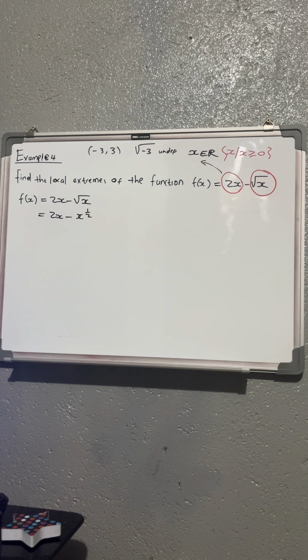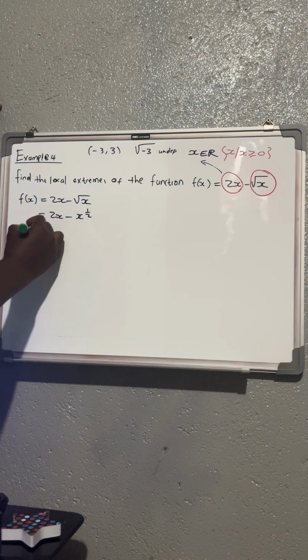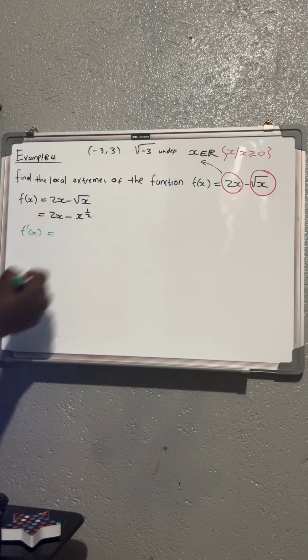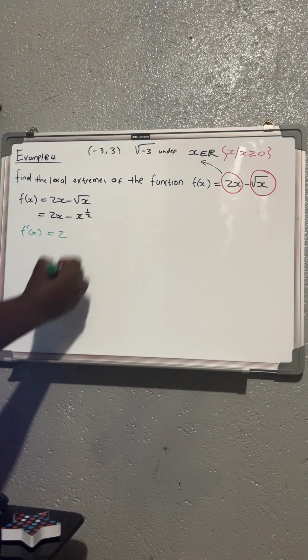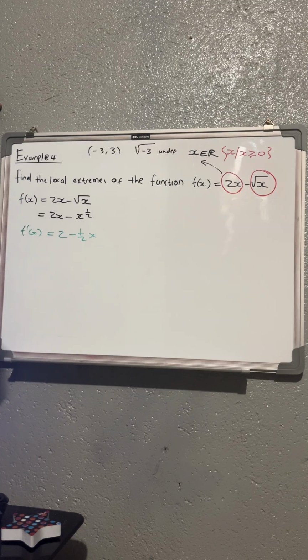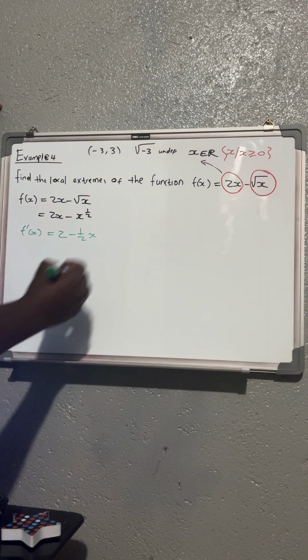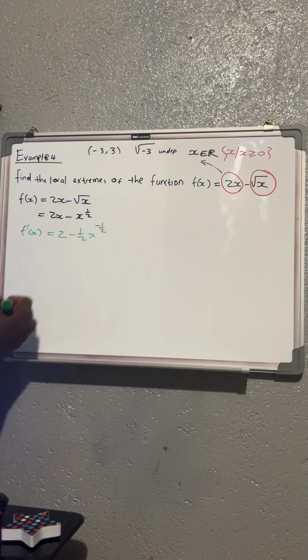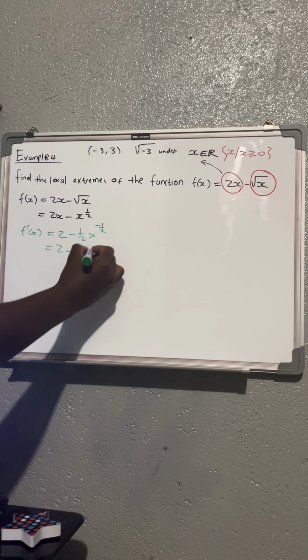Now we have to write the first derivative of this. Our first derivative will look something like this: you will have 2 minus, 1 over 2 is going to come here, we have 1 over 2 x, then 1 over 2 minus 1 is minus 1 over 2.